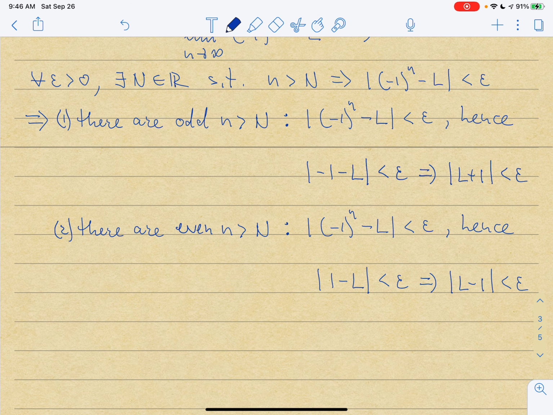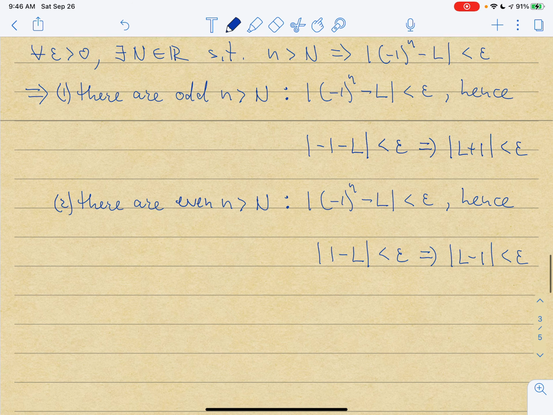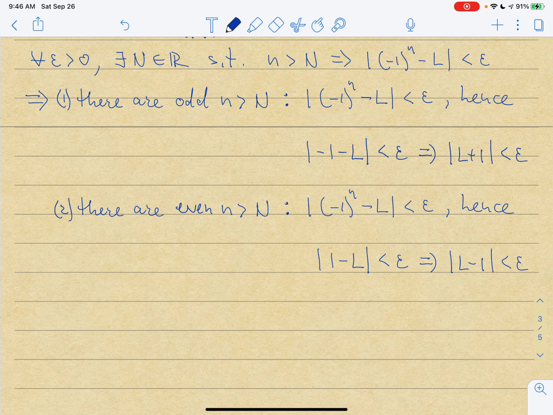So then what we got out of these two statements is this. So therefore |L minus 1| should be less than epsilon, and |L plus 1|, absolute value, also should be less than epsilon.